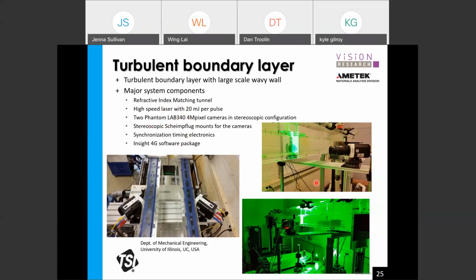This picture shows the sheet of light generated from the laser at the bottom. The laser generates the laser beam, which is converted into a sheet of light illuminating this index matching tunnel. These two cameras on each side of the tunnel capture the movement of the particles. So with this, let's take a look at the result.